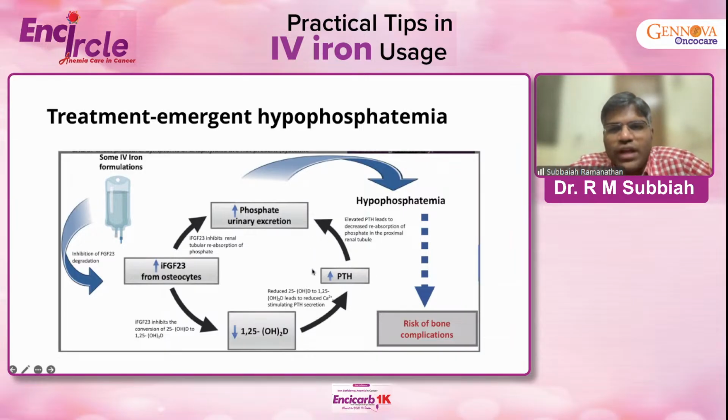So it leads on to secondary hyperparathyroidism, which worsens hypophosphatemia. So it is hyperphosphaturia and hypophosphatemia, the urine excretion is increased, and the serum and the plasma goes down. So that can lead on to bone complications like bone pain, fractures, and all. So this is quite common with some iron formulations.